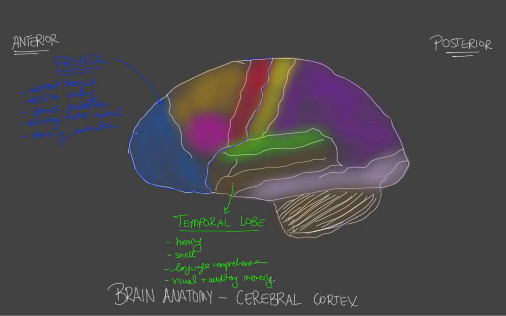Alrighty. Let's look over to the third lobe, and this right here is what we call the parietal lobe.